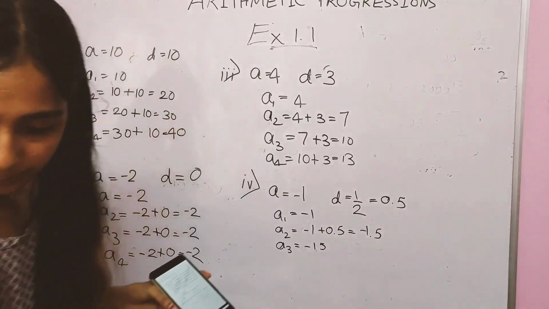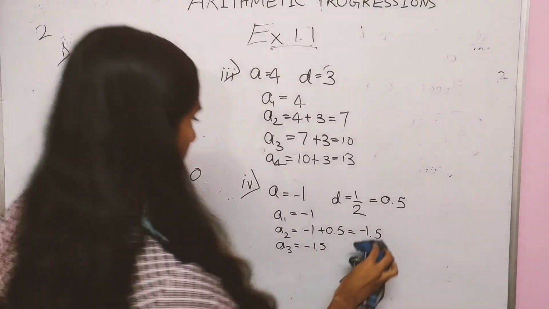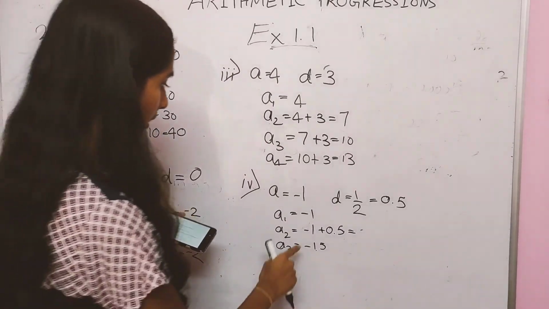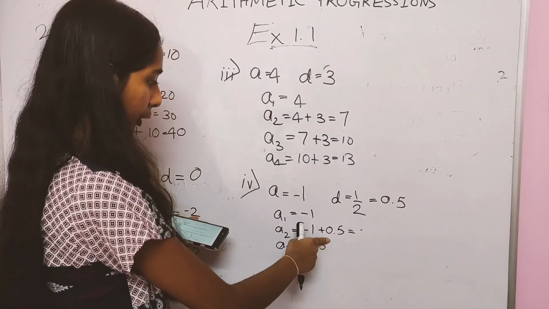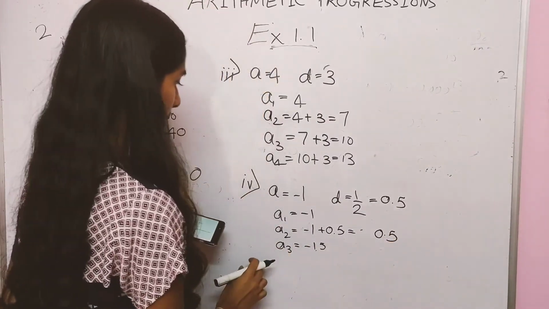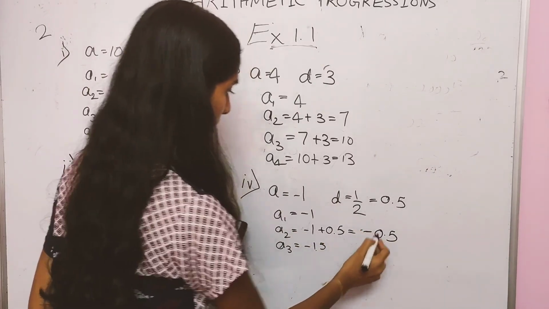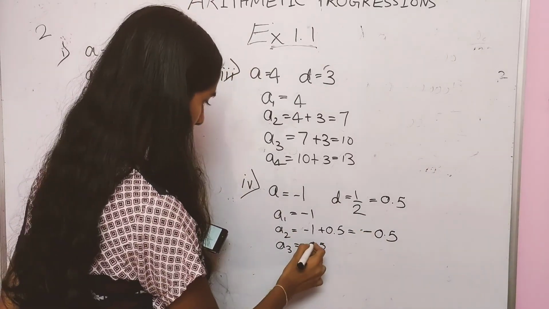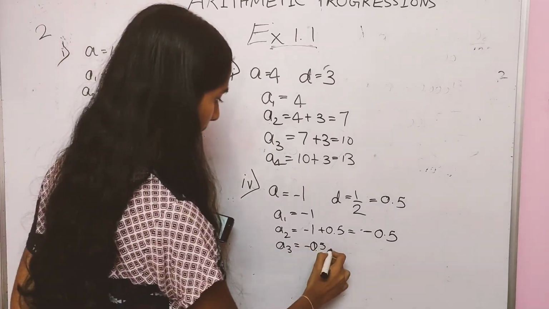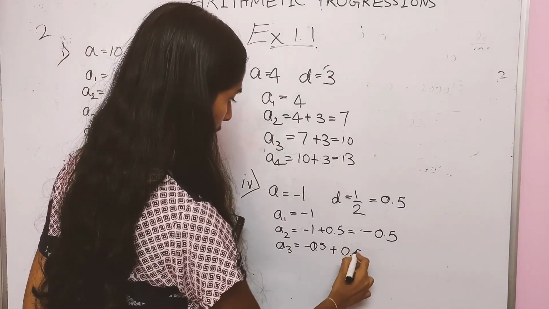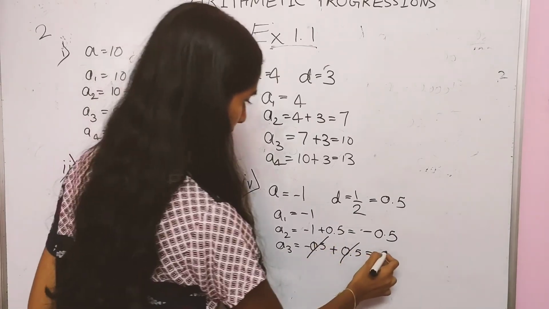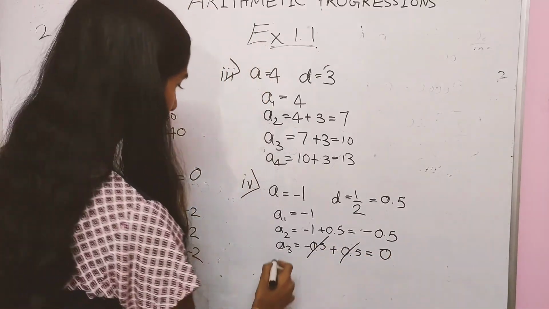Okay, I made a mistake. -1 plus 0.5. When the signs are different, it is subtraction. So 1 minus 0.5 is 0.5 and the sign of the greater number is minus. Third term is second term plus the common difference, -0.5 plus 0.5 cancelled, you get 0.